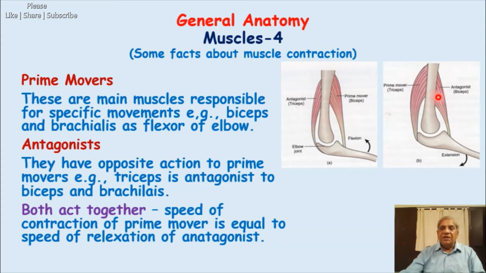Now just see here in the second diagram, when extension movement takes place, when you are putting back the glass of water, extension movement is taking place. At that time, the extensor muscle, the triceps muscle, will start contracting to pull back the ulna to the normal position, from the bending position to the straightening position at the elbow joint.